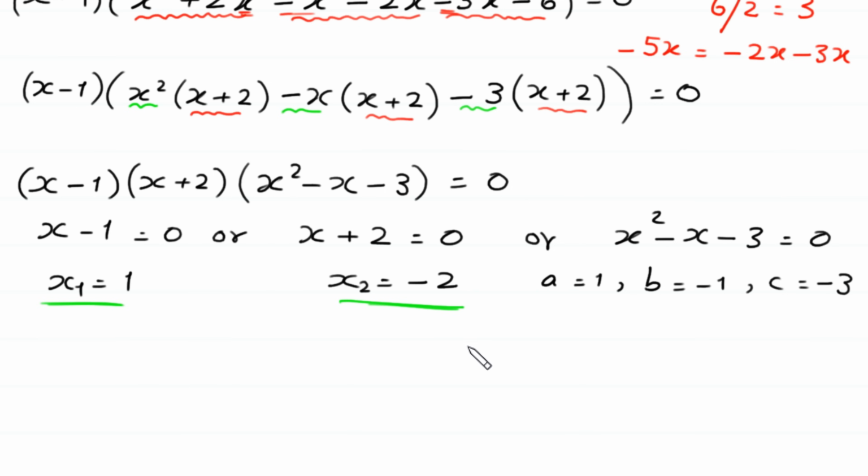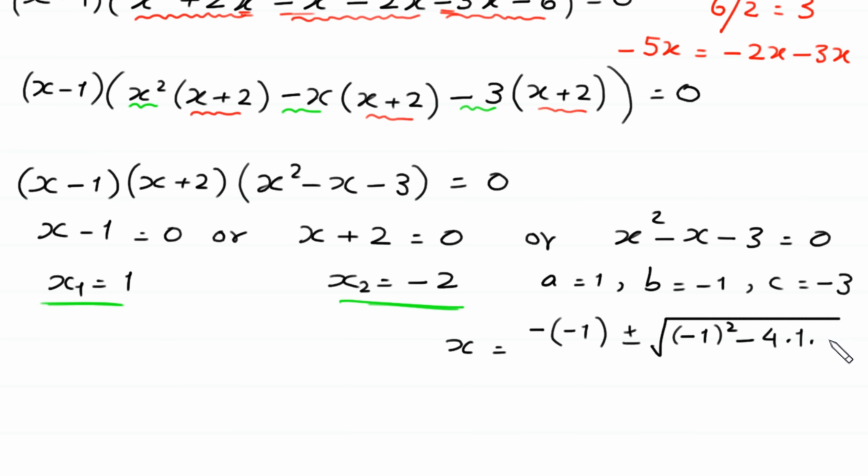And according to the quadratic formula, x is equal to negative value of b, negative 1, plus or minus square root of value of b, negative 1 squared, minus 4 times value of a, 1, times value of c, negative 3, divided by 2 times value of a, 1.